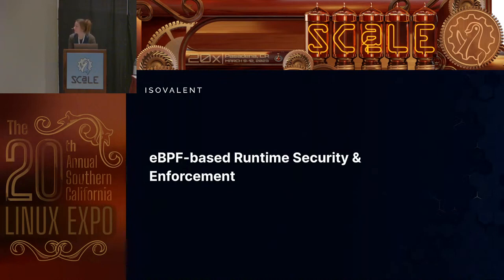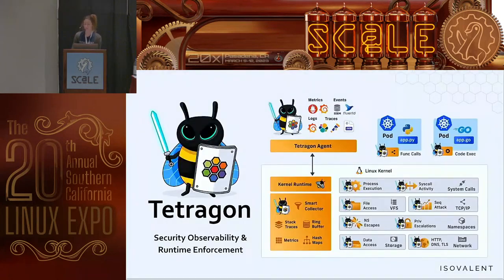So I will talk about eBPF-based runtime security with Tetragon that we are working on. So what is this exactly? It's an open source project. It's an agent that can run on top of any Linux operating system.